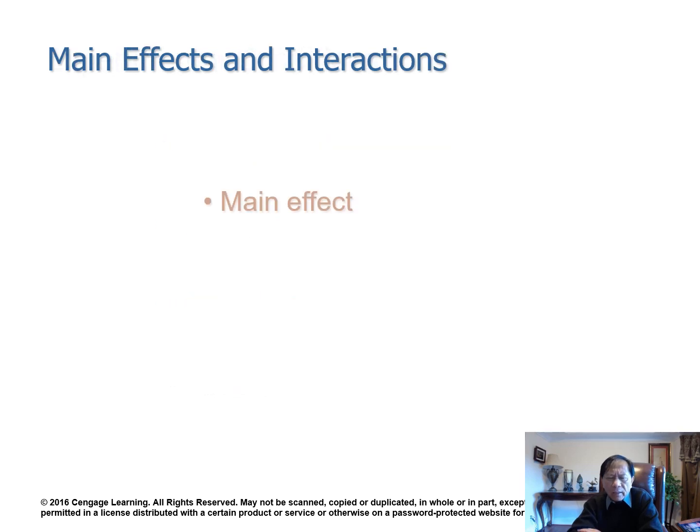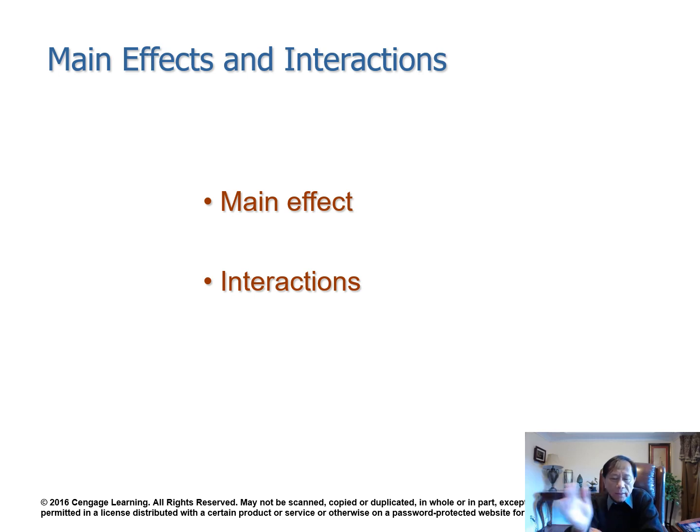What is a main effect? What is an interaction? In the example I gave you, if you just look at the color of the room on purchase intention, you're looking at a main effect. If you just look at the lighting of the room on purchase intention, that's another main effect.